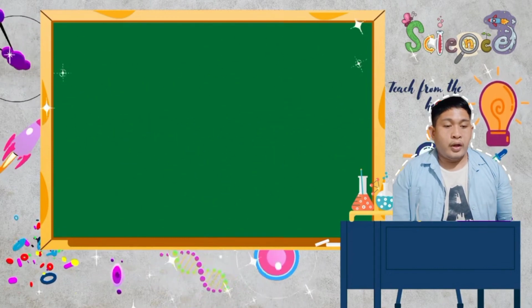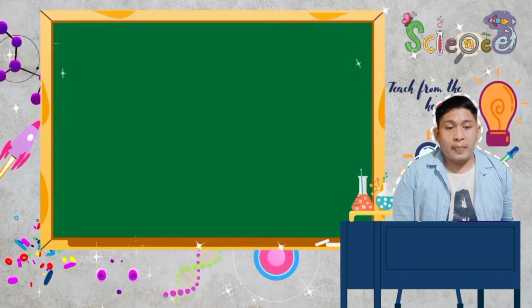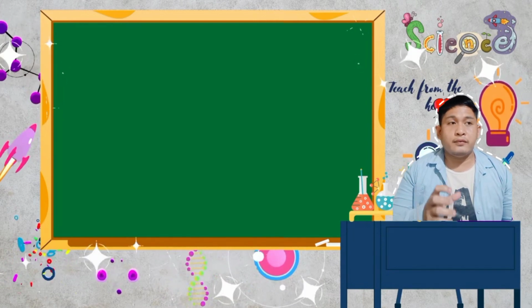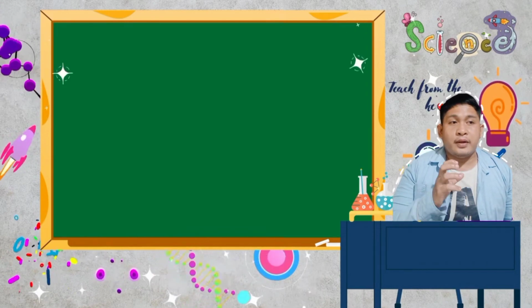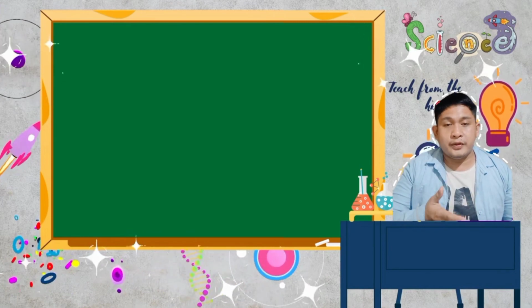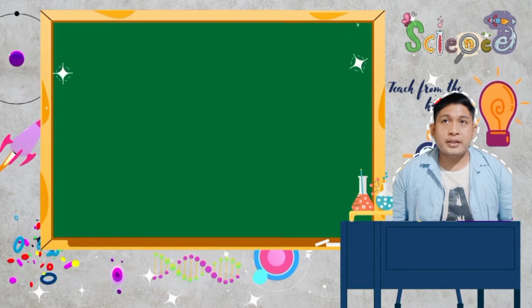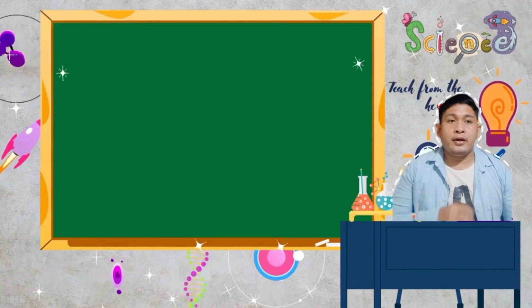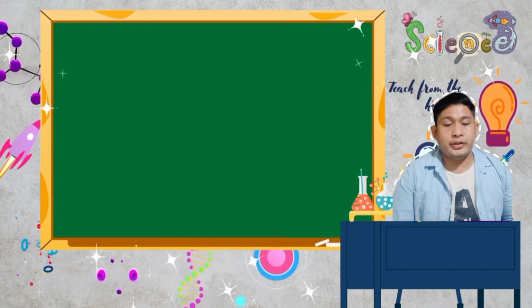I will now proceed properly to our discussion, but I have some rules for you in discussing my lessons, which are very helpful for me and for you, so that we can understand and have a proper flow of our discussions.